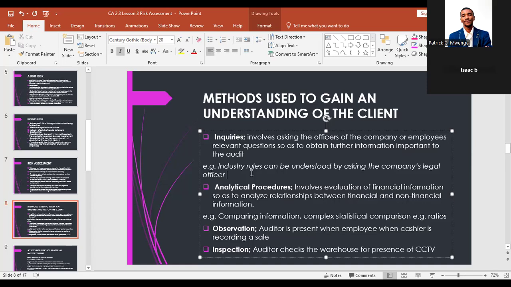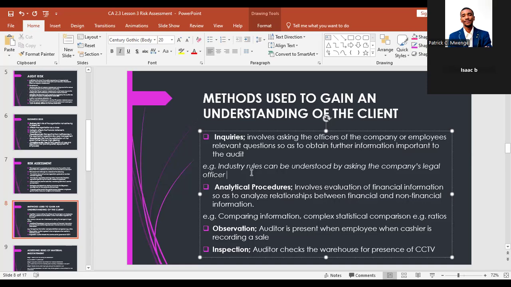That's a problem, and it can affect the going concern of the entity. So we have to focus effort on assessing, analyzing and checking the receivables of that particular client. And that's what analytical procedures talk about.